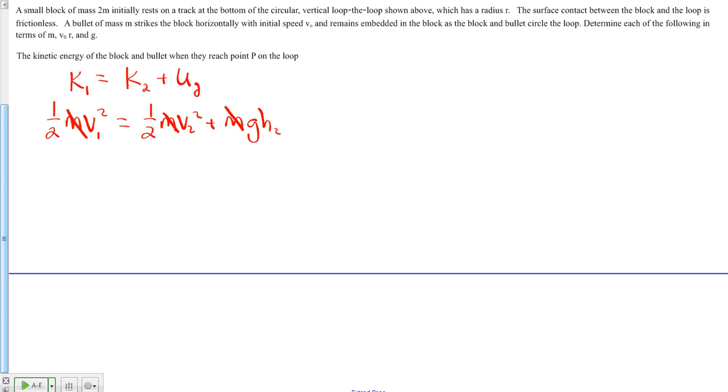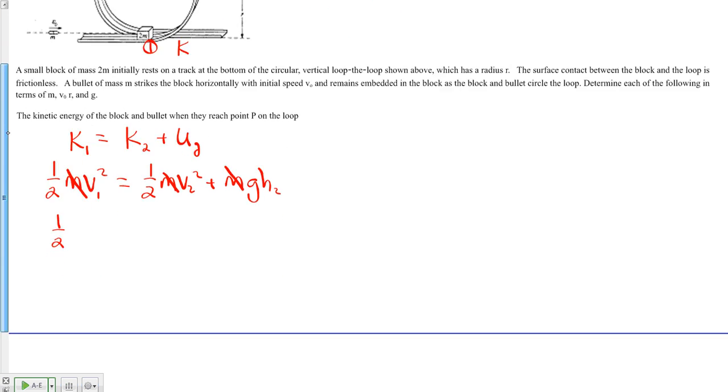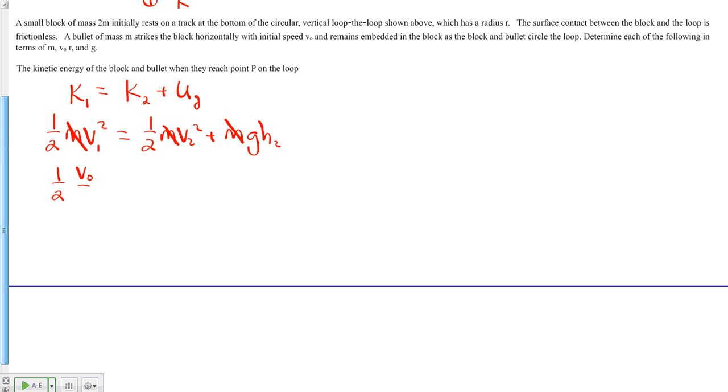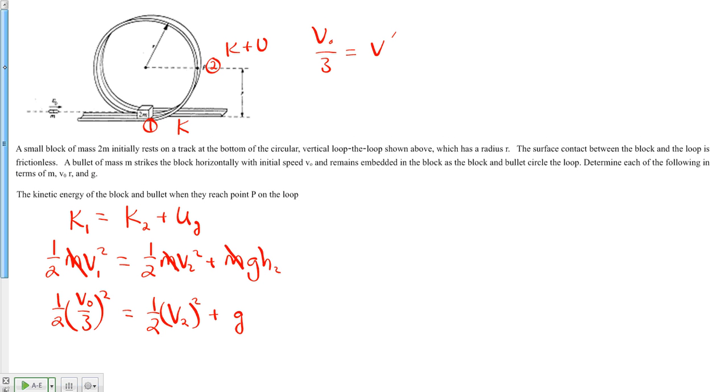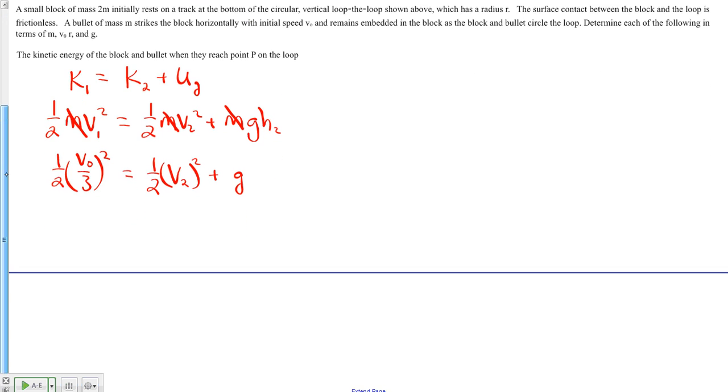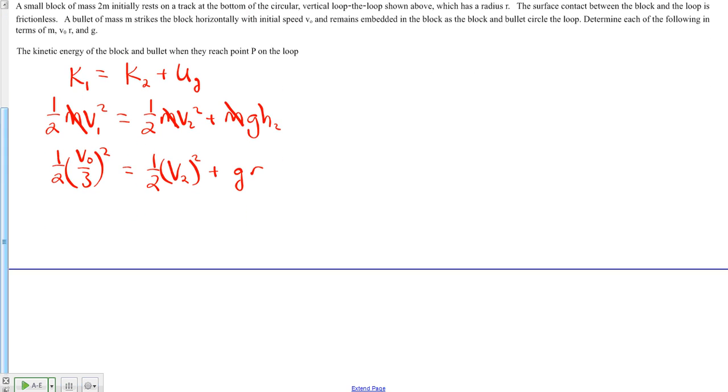Mass. Good. Velocity at point 1: v naught over 3, quantity squared. Velocity at 2 is what we're solving for. Gravity and height at 2. That's r. So solve for v2.